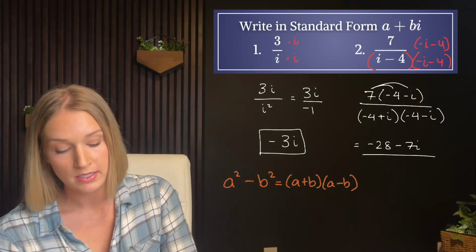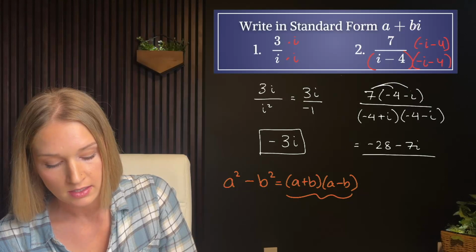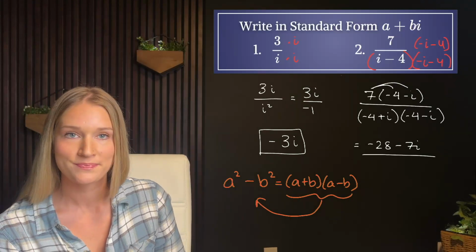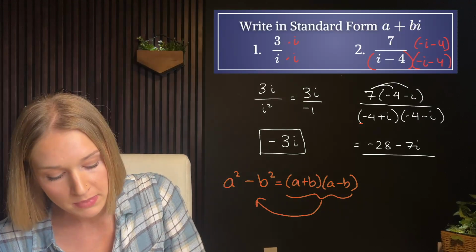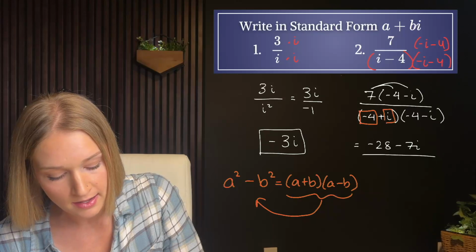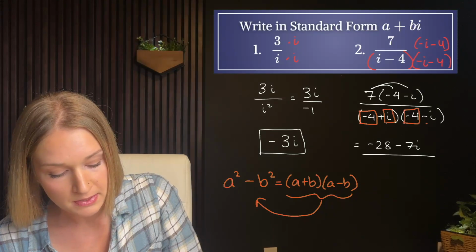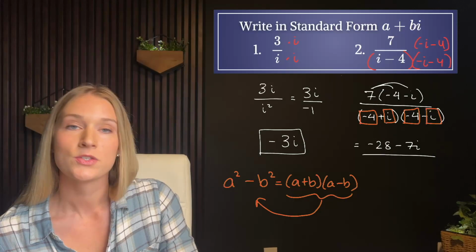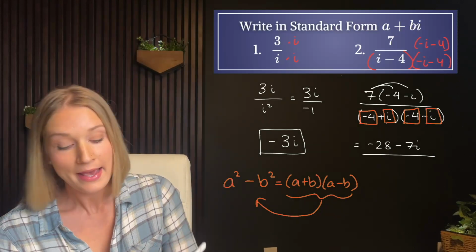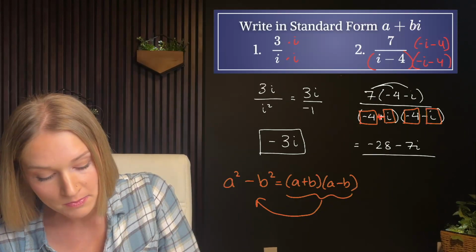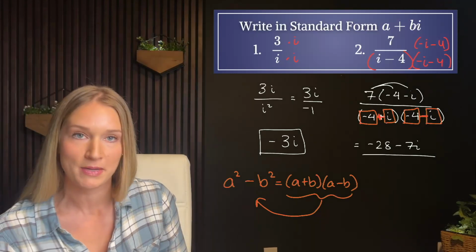So what we're doing is we're starting here and we're going to go backwards. So I have two bases, -4 and i, and those bases are repeated in the second factor. So I have the same two bases, and then I see that I'm adding those bases and I'm subtracting those bases.